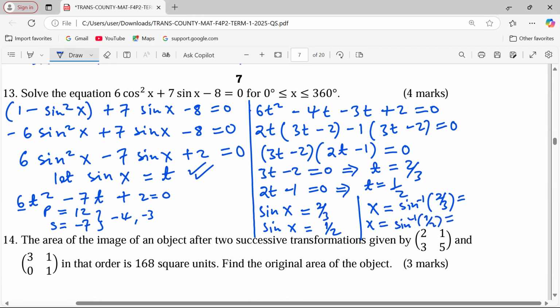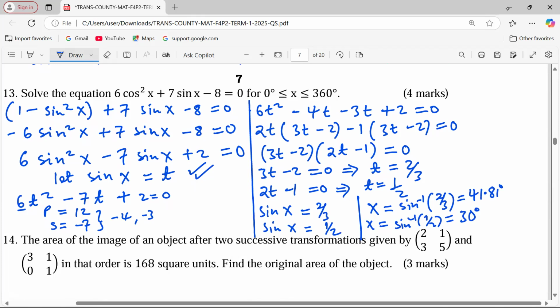So sine inverse of 2/3: you go to your calculator, shift sine 2/3, and I'm getting 41.81 degrees. Then shift sine 0.5, I'm getting exactly 30.